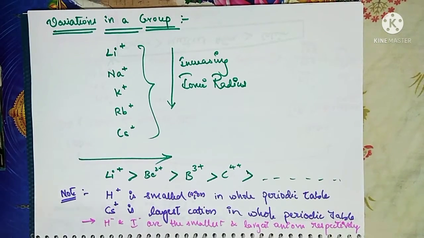In this topic of ionic radius, we have another subdivided topic called isoelectronic species. Isoelectronic species are nothing but the species which are having the same number of electrons irrespective of protons.